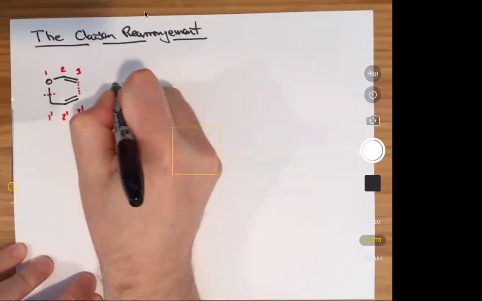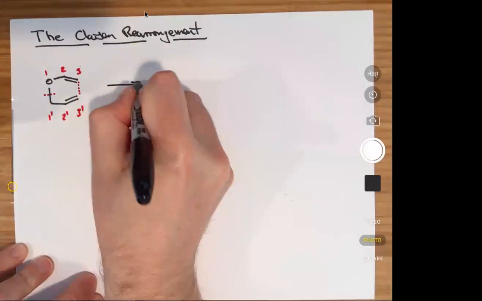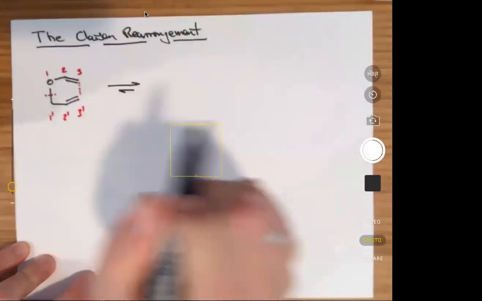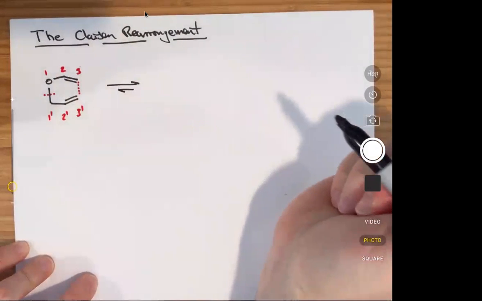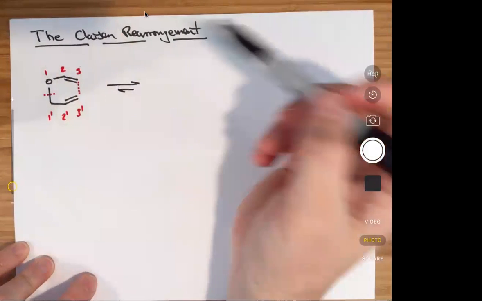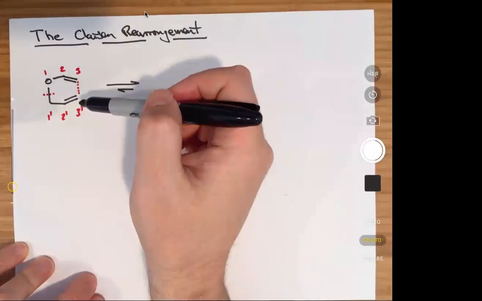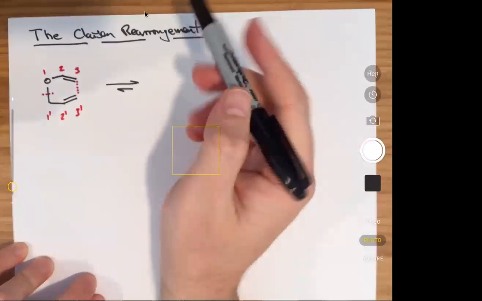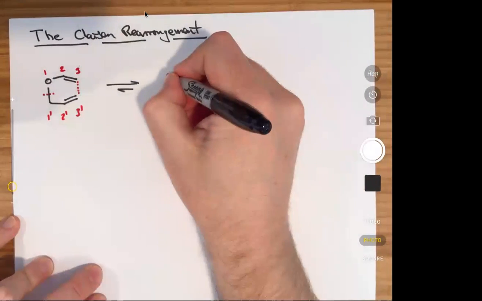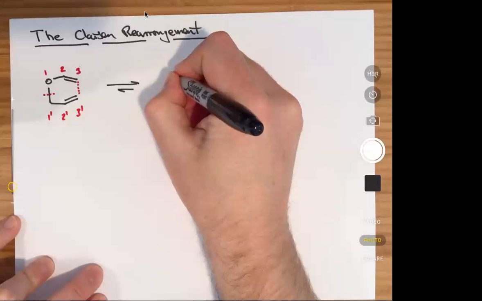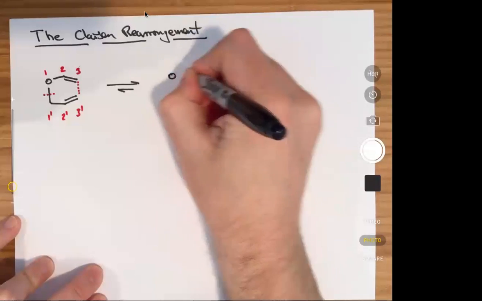So in this case, the driving force for this reaction lies strongly on the side of the rearranged products, for the simple reason that you're breaking an ether carbon-oxygen sigma bond, and in the product you're forming a carbon-oxygen double bond. So thermodynamically, this favors the formation of the product.